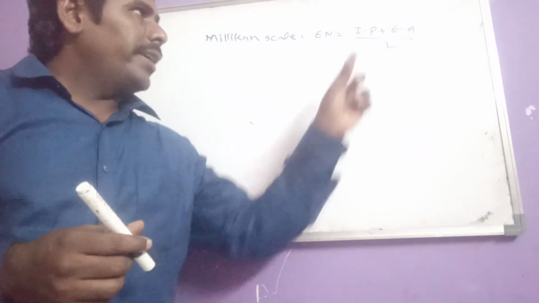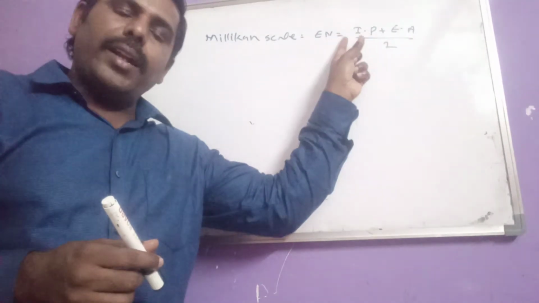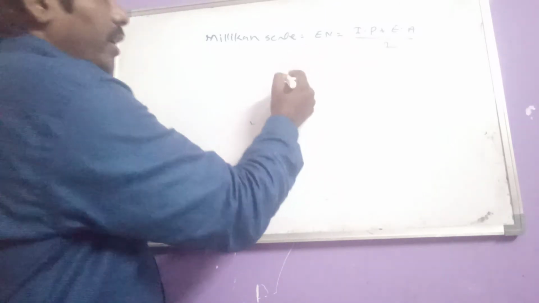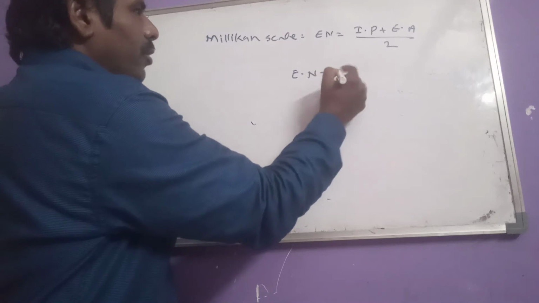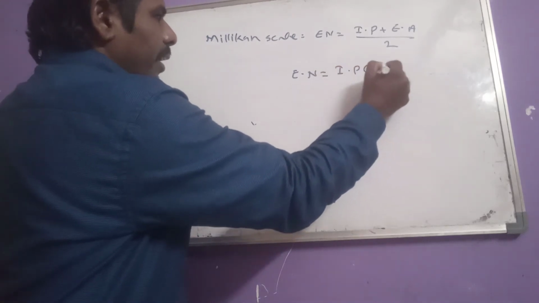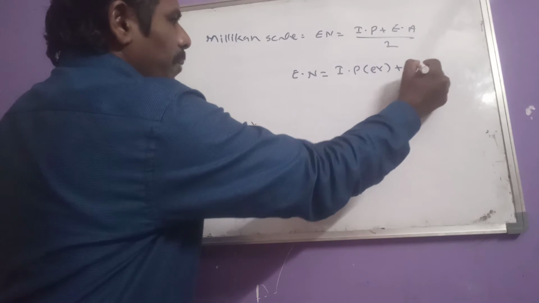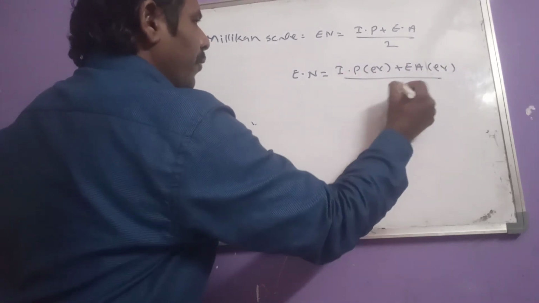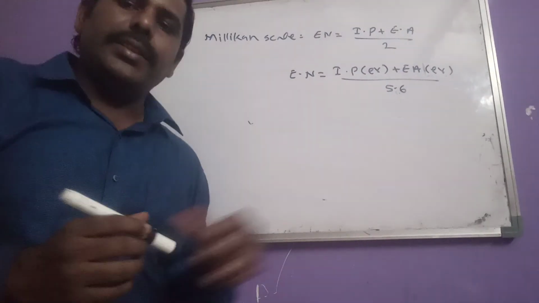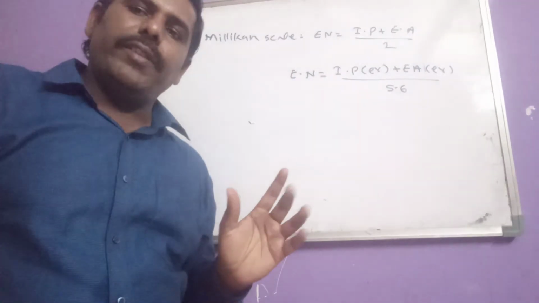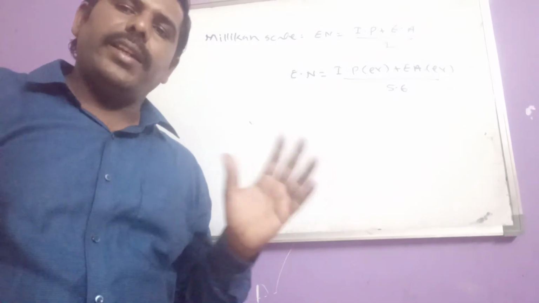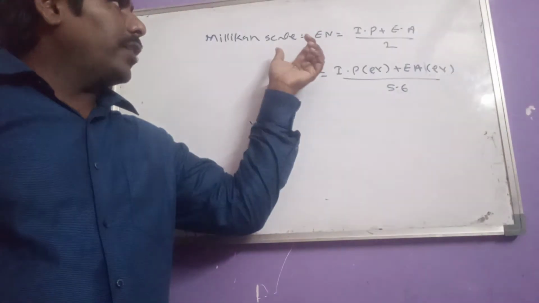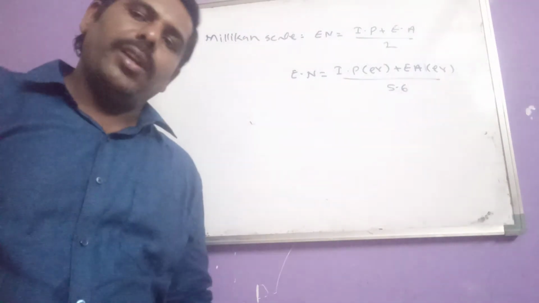And sometimes if the electron gain enthalpy and ionization potential values are given in electron volts, then the formula is: electronegativity equals ionization potential in electron volts plus electron affinity in electron volts, divided by 5.6. By that equation, one can calculate electronegativity.